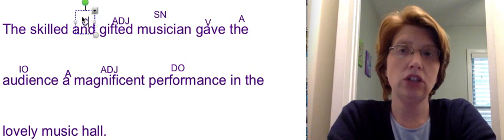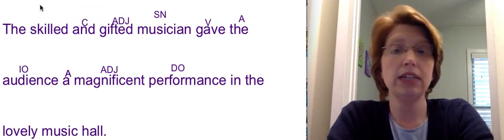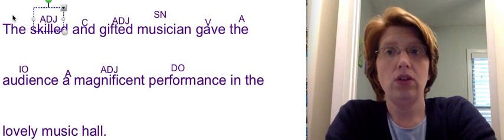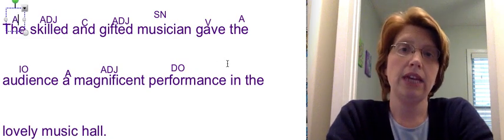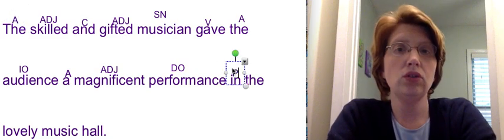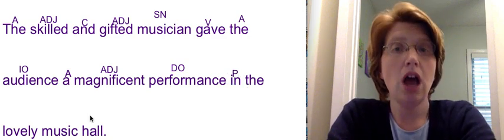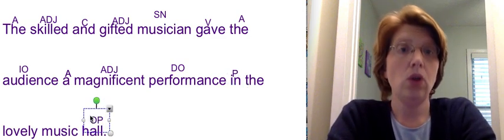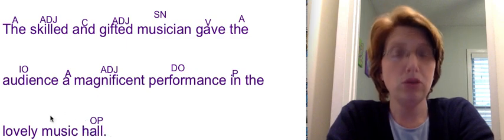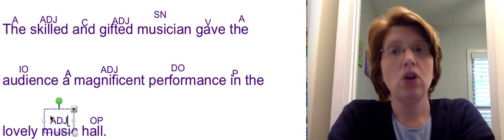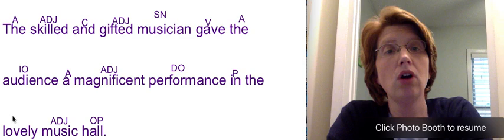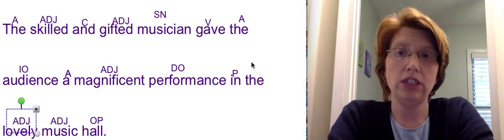And, conjunction. What kind of musician? Skilled, adjective. The, article adjective. In, preposition. In what? Hall, object of the preposition. What kind of hall? Music, adjective. What kind of hall? Lovely, adjective. The, article adjective.